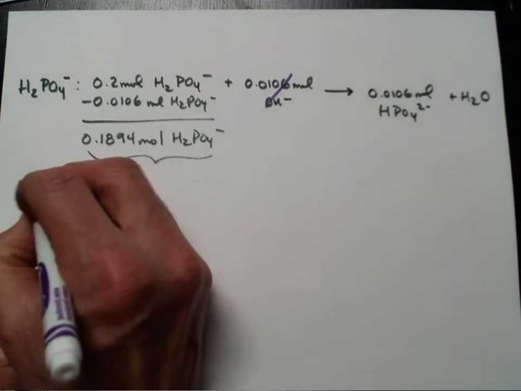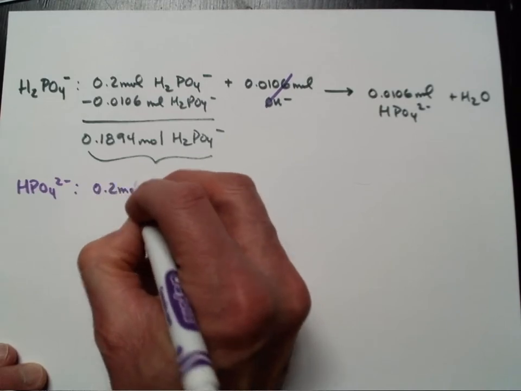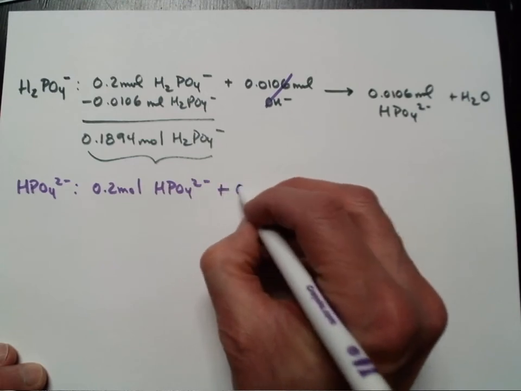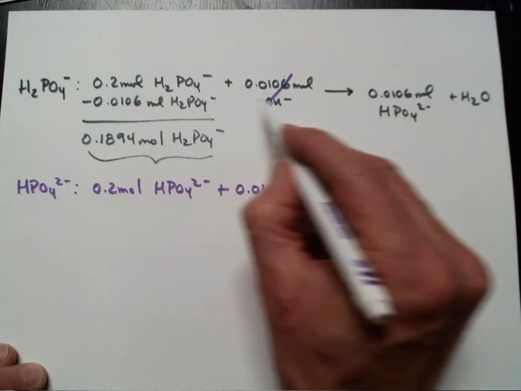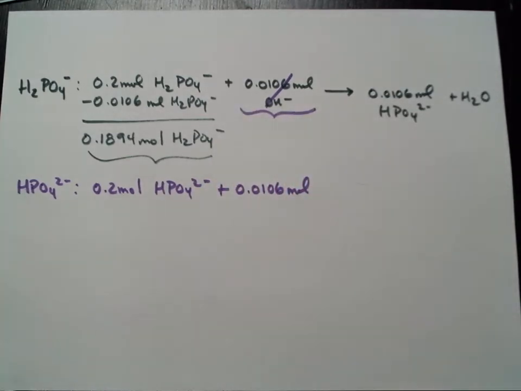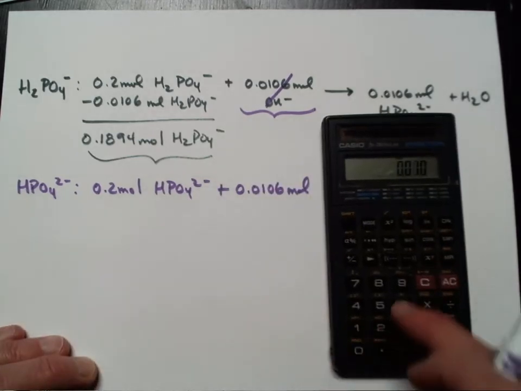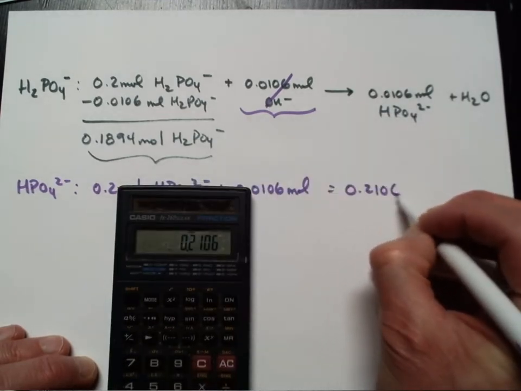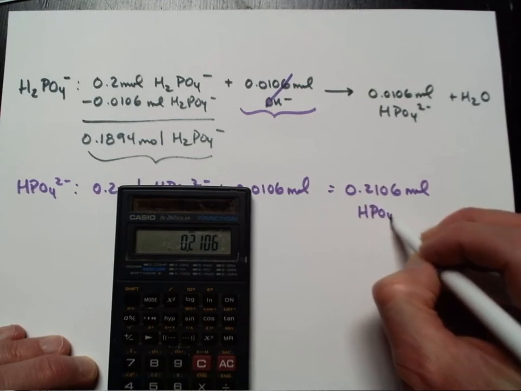So for my hydrogen phosphate, I have 0.2 moles to start with, but I will be adding 0.0106 moles that was produced in this reaction when I added the hydroxide. 0.2 plus 0.0106, that's a total of 0.2106 moles of the hydrogen phosphate.